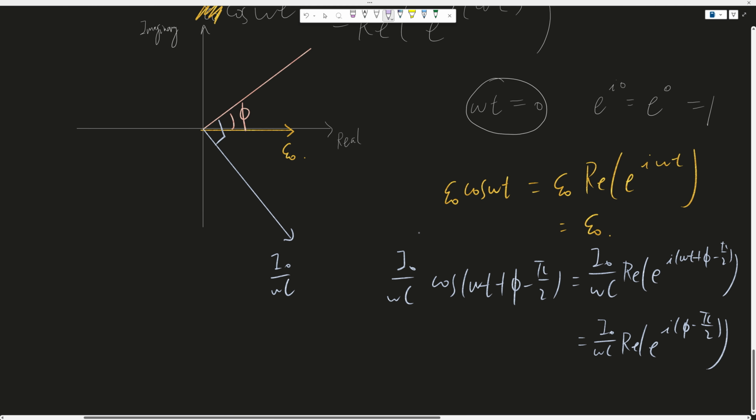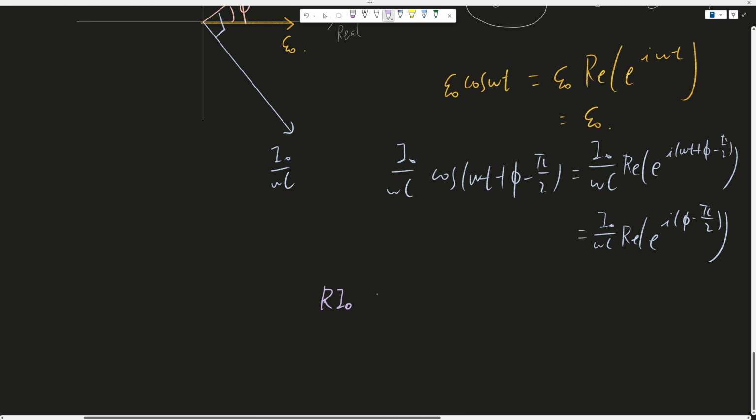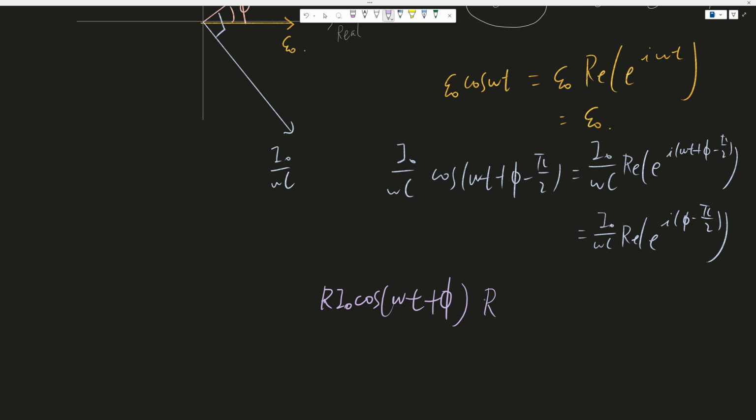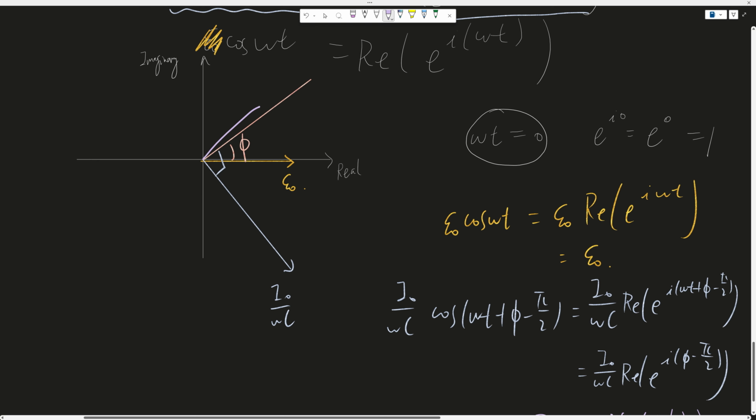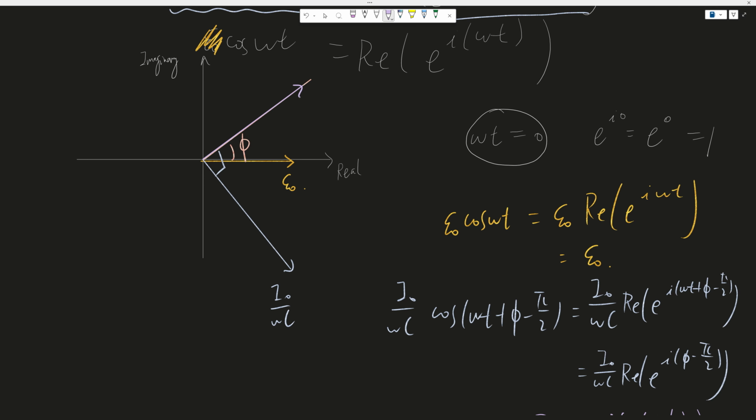R I0 cosine omega t plus phi is just R I0 times the real part of e to the i omega t plus phi. And then we said that omega t is 0 here, and so e to the i phi, and its magnitude is R times I0. So just write along this line here. And just to draw it, we have R I0 here.